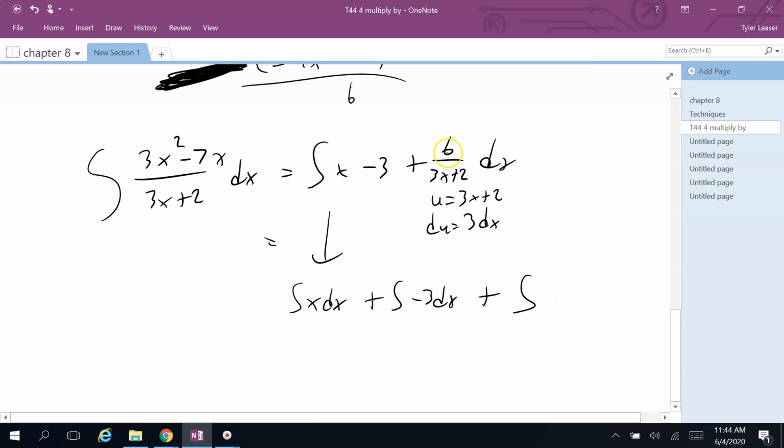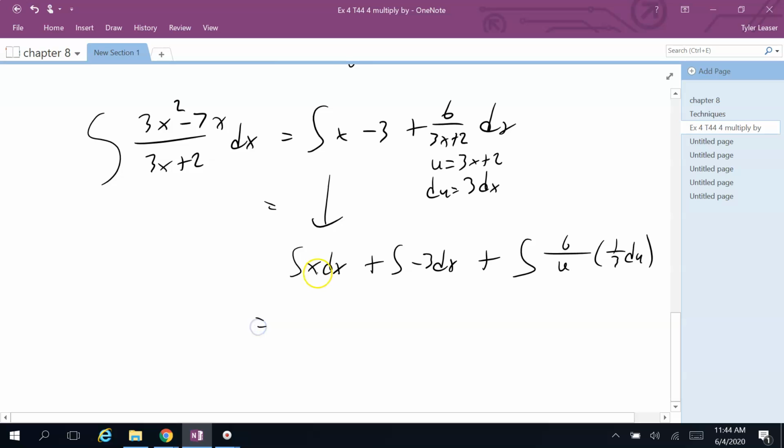We still have that 6 up top, all divided by this 3x plus 2 is now going to be my u. But then the dx I'm going to substitute out as 1/3 du after you divide the 3 over here. The 6 and the 3 cancel out to be 2, and then we have this 1 over u.